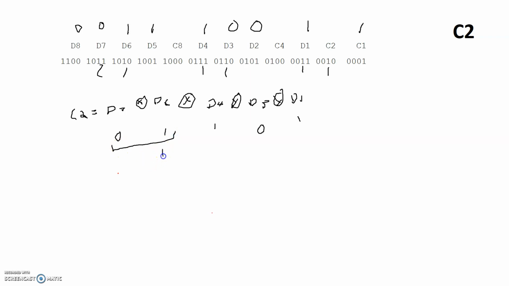Those are different, so this is 1. 1 exclusive OR 1, they're the same, so that's 0. 0 exclusive OR 0 is 0. 0 exclusive OR 1 is 1. So check bit 2 is 1.